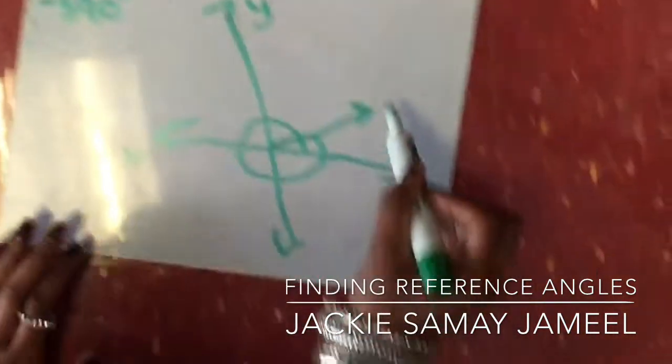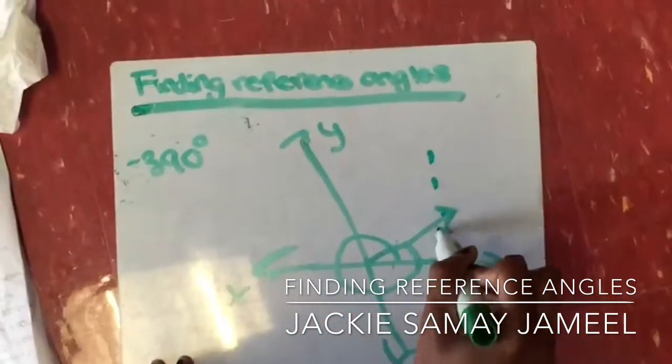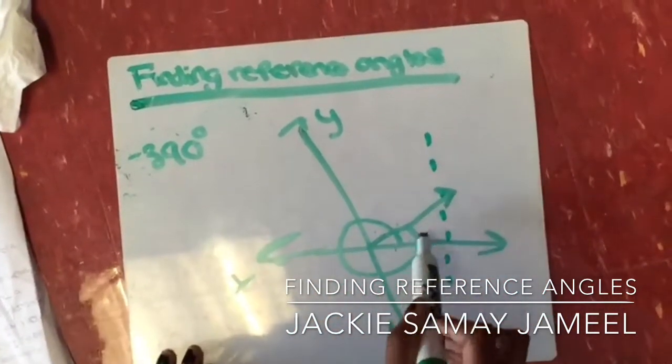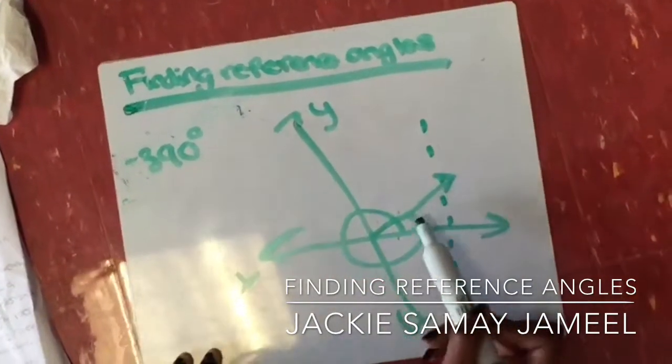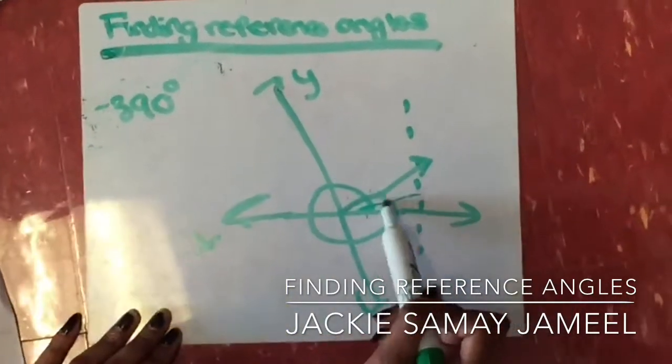Once you get it there, you make an imaginary line to figure out which angle you're trying to find. And in this case, we're finding this angle right here.